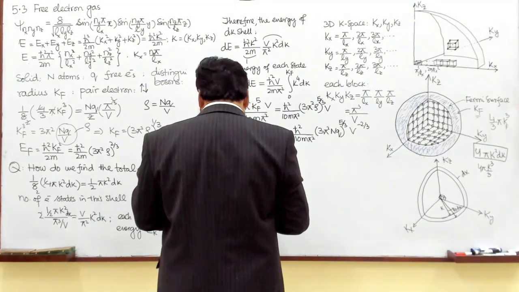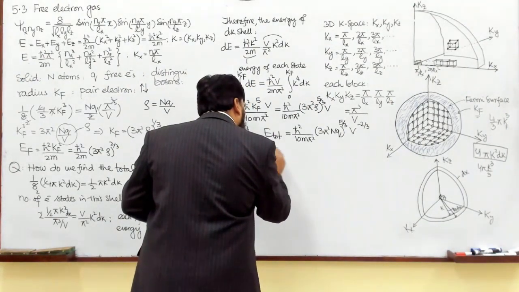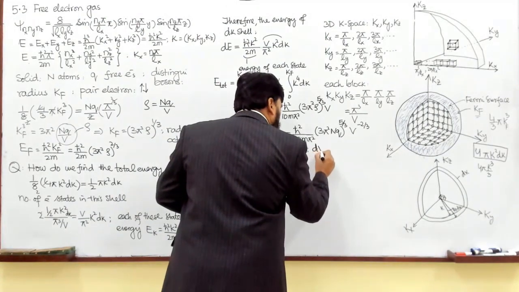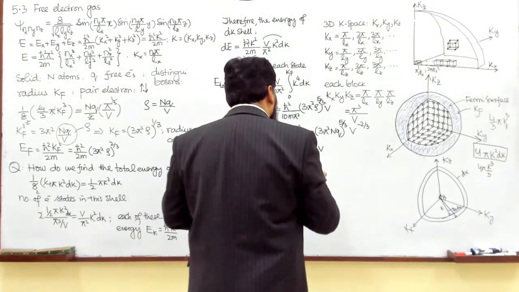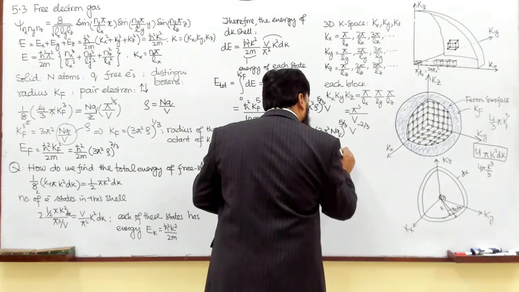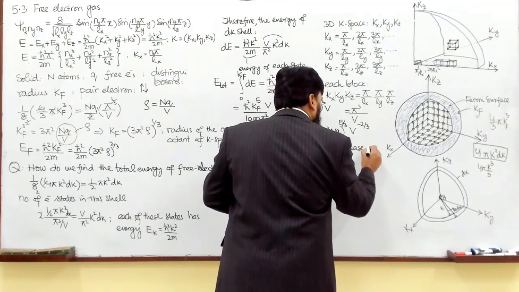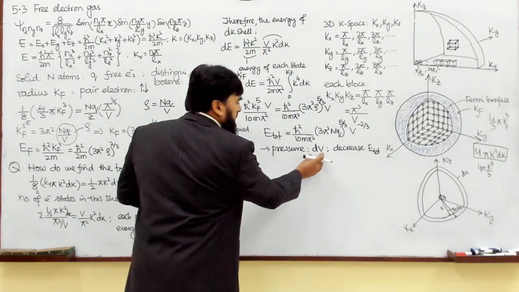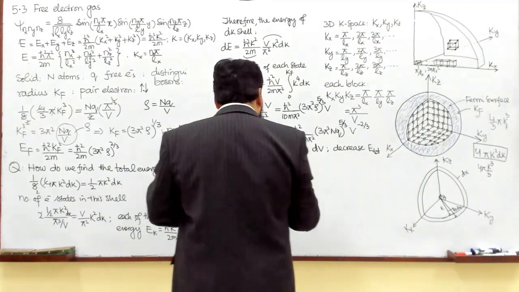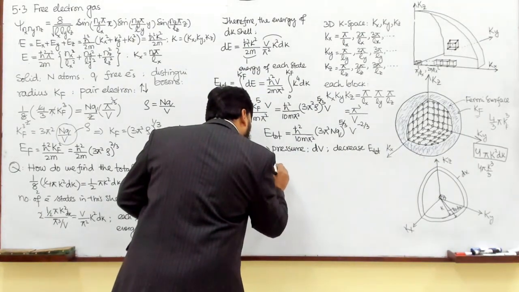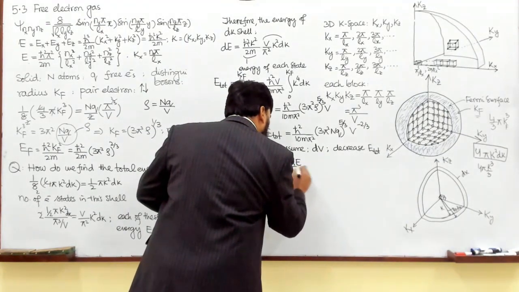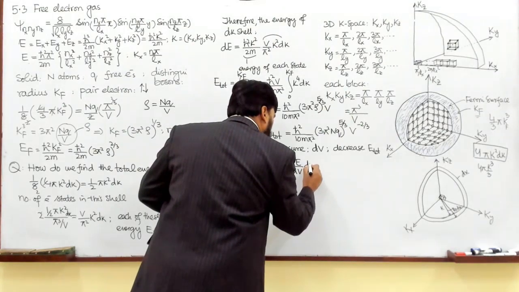It will exert pressure, and let's say that a dV change occurs in the volume, so it will decrease the total energy, because when the volume expands, energy decreases. And I can write that the fraction of energy dE, I can write as dE over dV into dV.